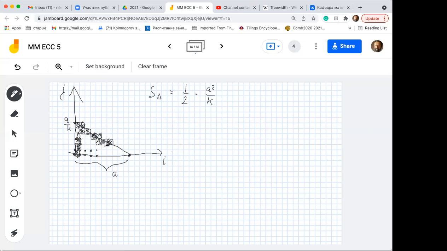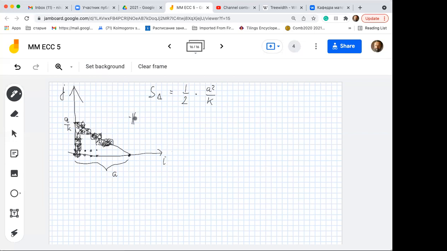So altogether, all our unit squares should cover the triangle. And it is impossible for the covering to be exact, because this line has a slope, so we obtain a strict inequality.